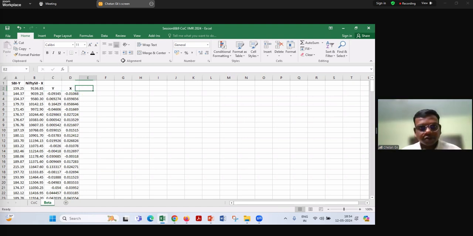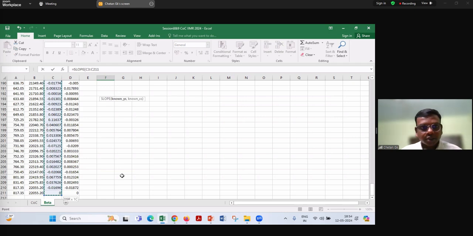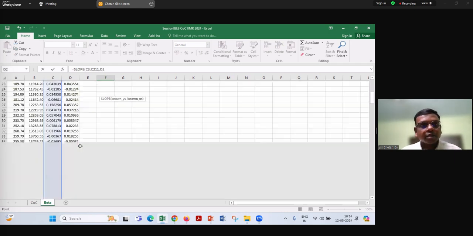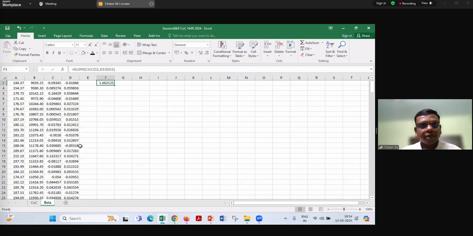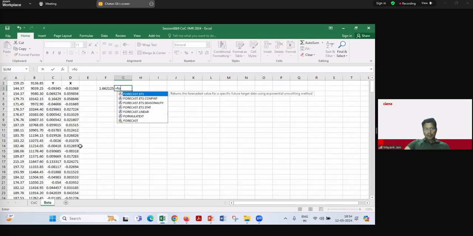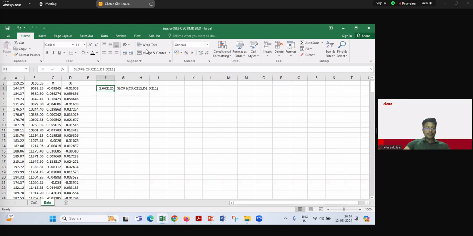So what we should do now is put the slope function and go for X, comma, Y, enter, we got some answer. And this is the beta. Is it clear, everybody? Yes.